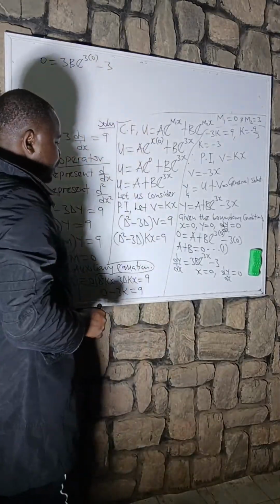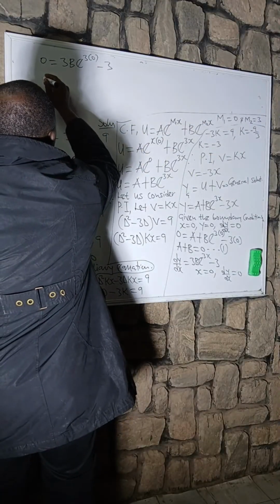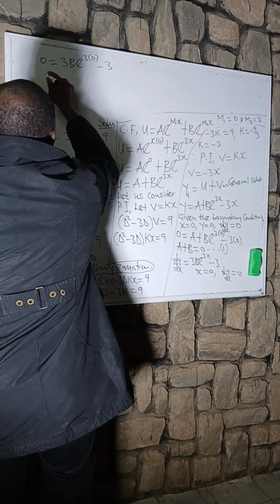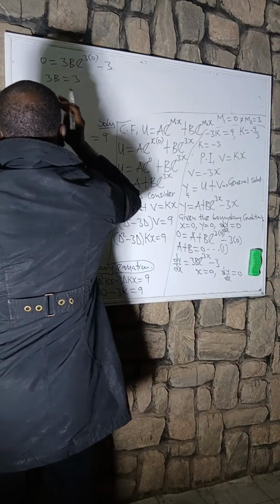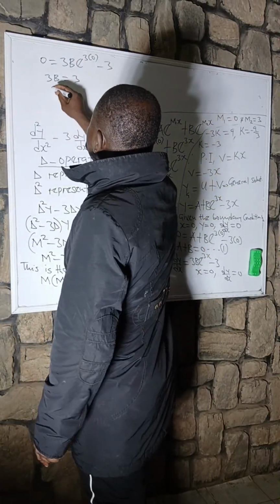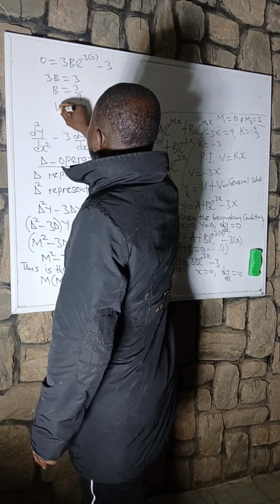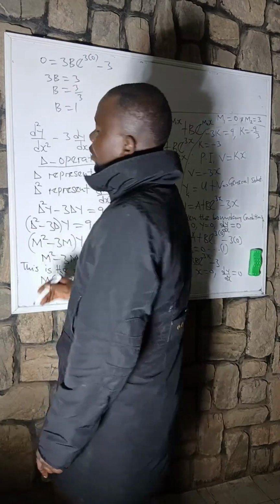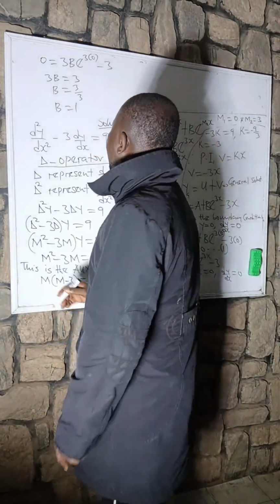So this is the same thing as 3b equals 3. Then to obtain our b, b will now be equal to 3 over 3, to give us 1.